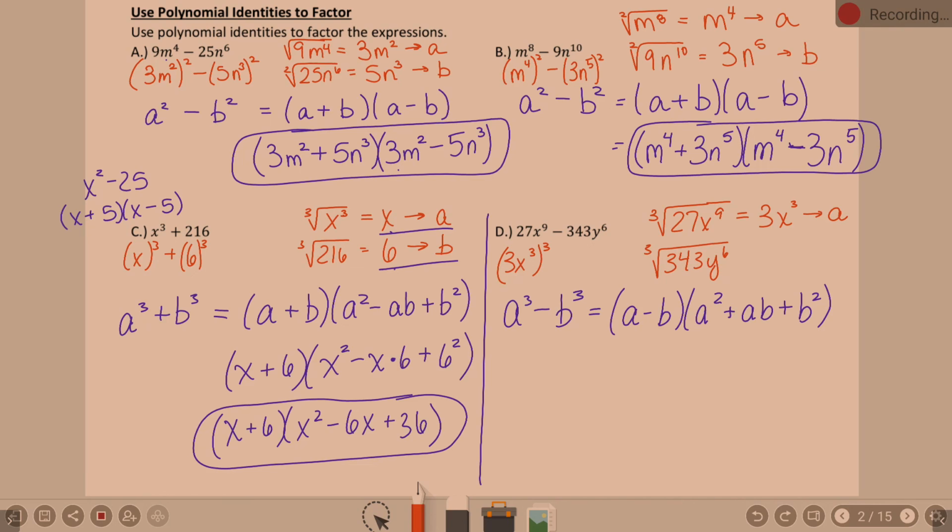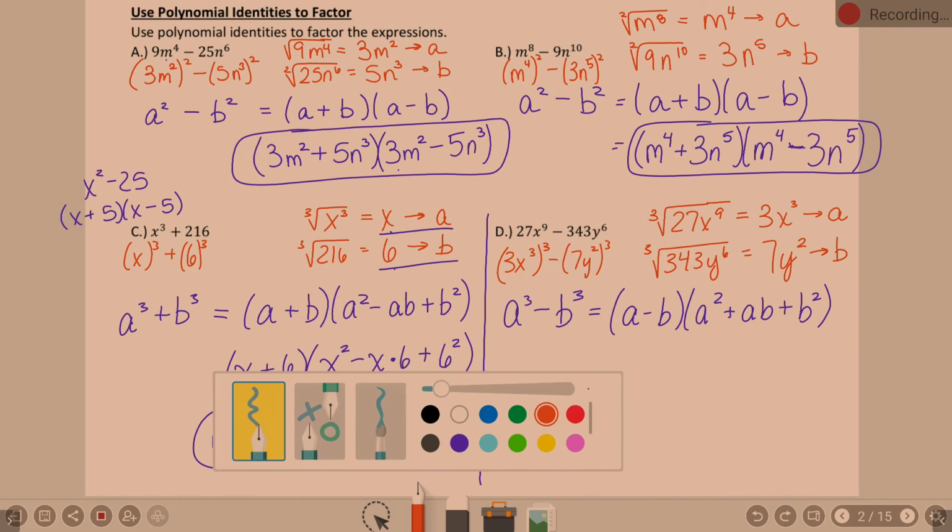Cube root of 343 is 7. 7y to the second, because you're taking 6 and dividing it by 3. So that's 7y to the second. That is your b value. 7y to the second, when I cube it, should work out there.